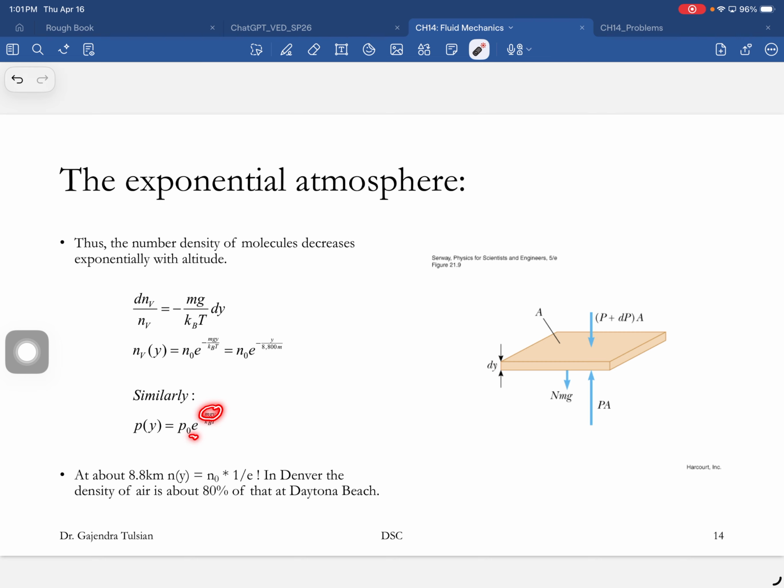What is mgy? m is the mass of a single molecule, so this is the potential energy of a gas molecule, divided by kT. k is the Boltzmann constant, T is the temperature. So you see the pressure is decreasing exponentially.